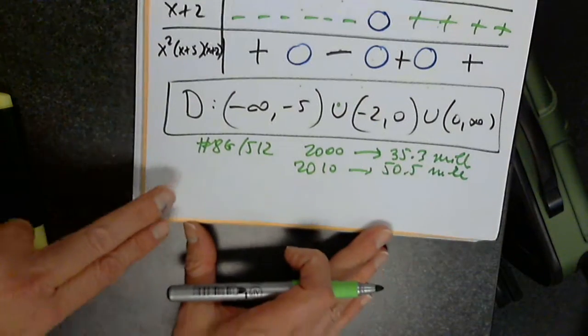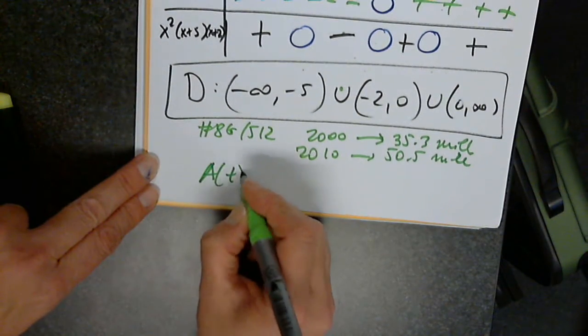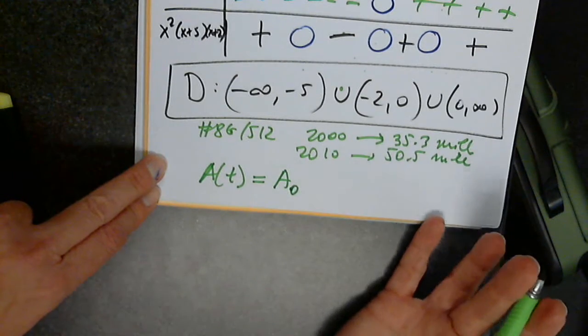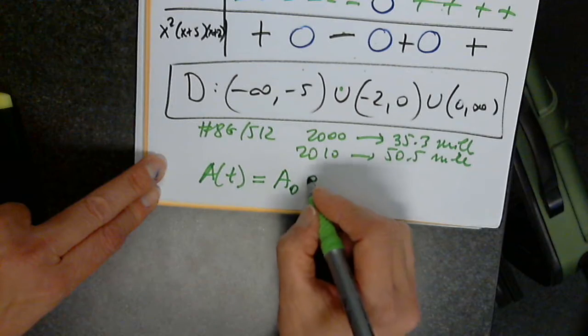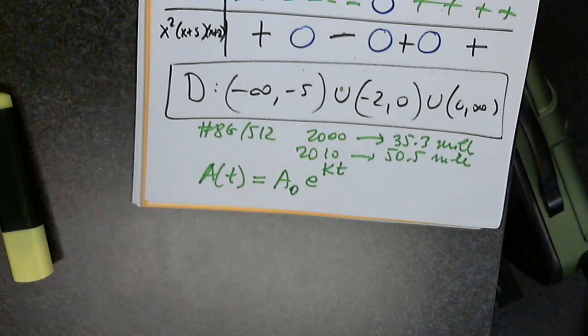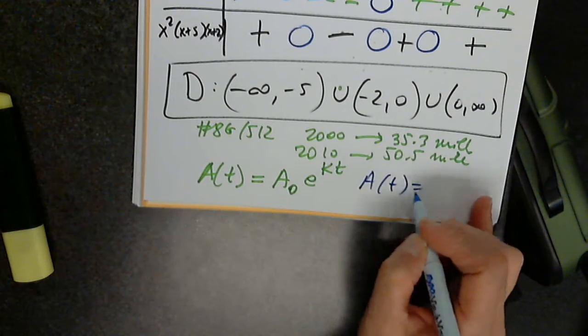Can anyone remind us the exponential growth function? A of t equals A0, is the notation, the initial. Very good. E raised to kt. Although they are giving us, which we already knew, they are saying this is the A of t that you should use.